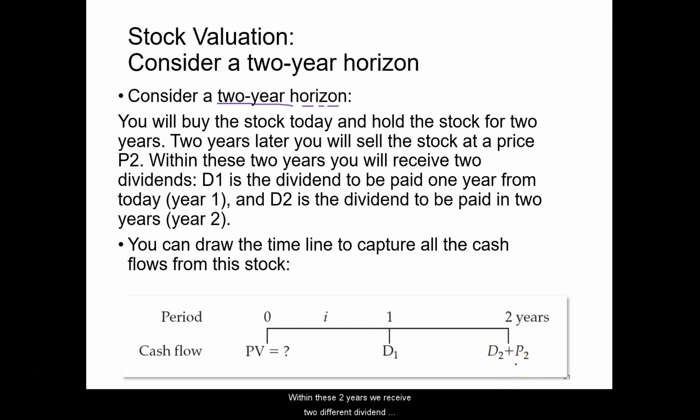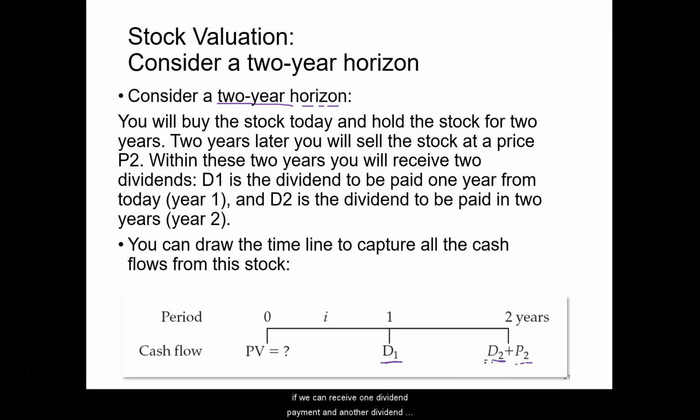Within these 2 years, we receive 2 different dividends at 2 different times, 2 different years. The first dividend we receive at the end of the first year, we'll just call it D1, and the second dividend, we'll just call it D2. And now we have this timeline pretty clear.